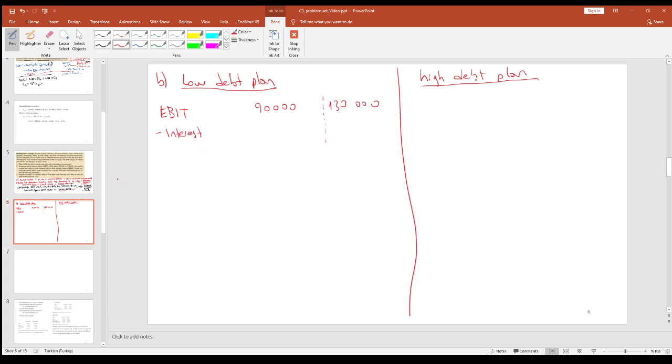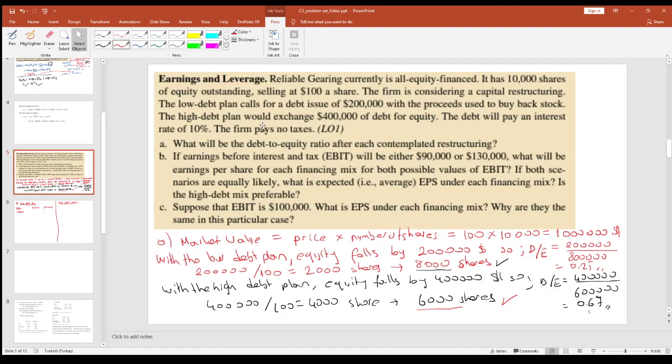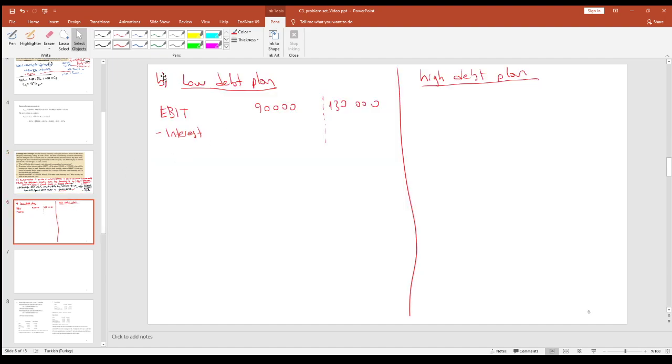So what is interest? Pay attention, please. You have interest expense, cost of debt is 10%, and the amount of debt you require in the low debt plan is $200,000. So 10% of $200,000 will be equal to $20,000.